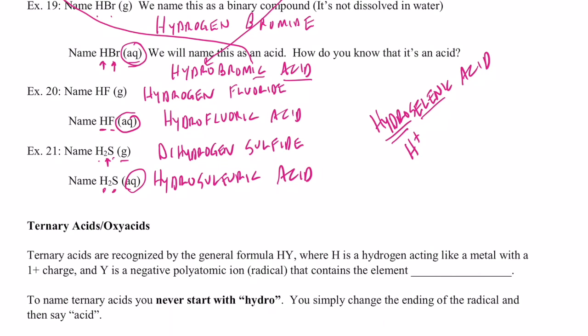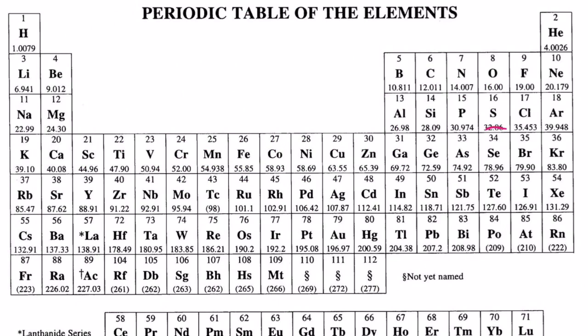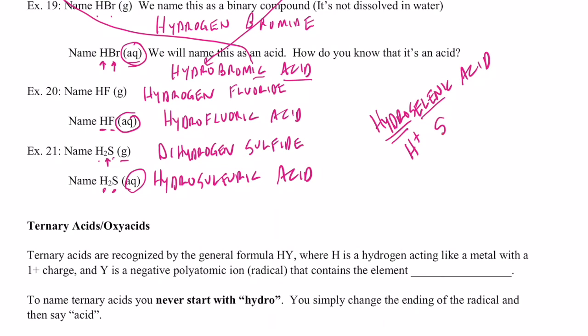Selenic, that must come from selenium. So let's find that on our periodic table. There it is, and it's in group 16, so it would be a 2 negative ion, Se2-. So the formula for hydroselenic acid would be H2Se, and we would put aq after it.